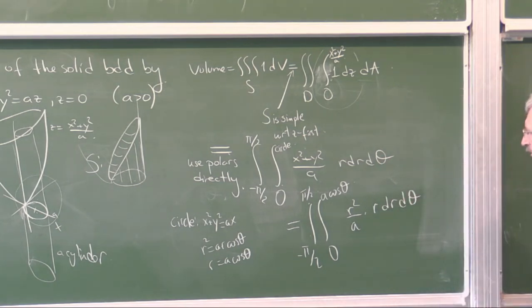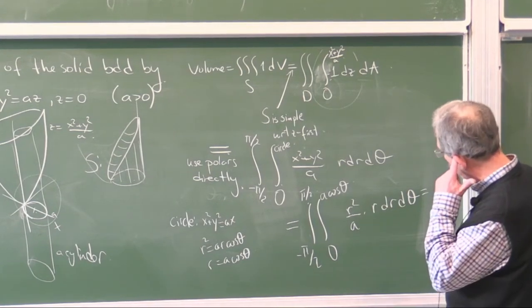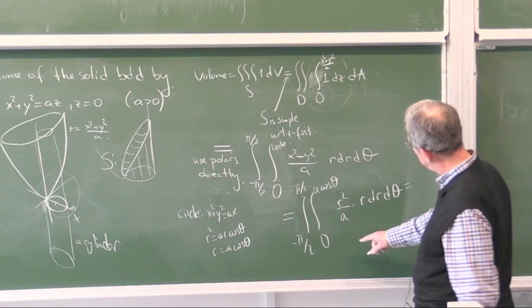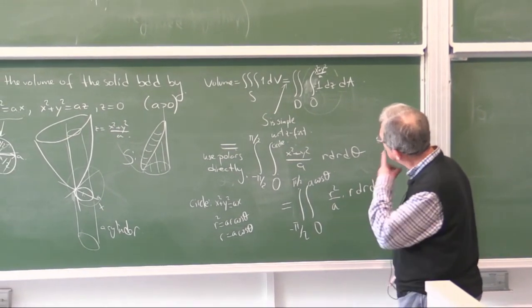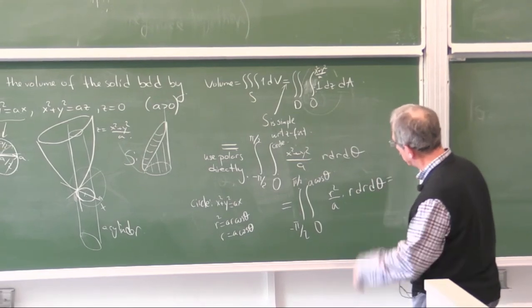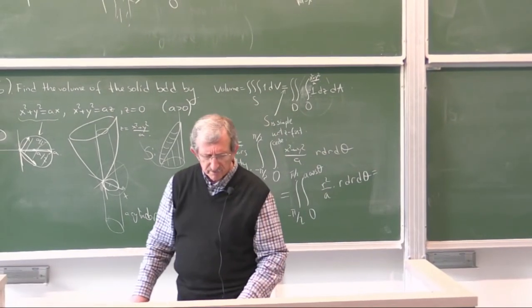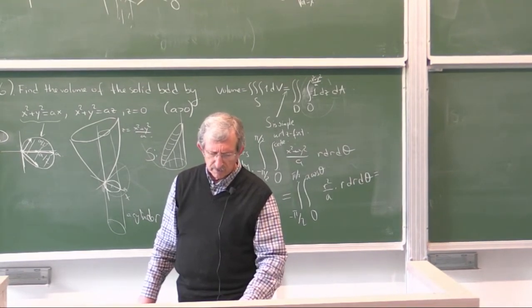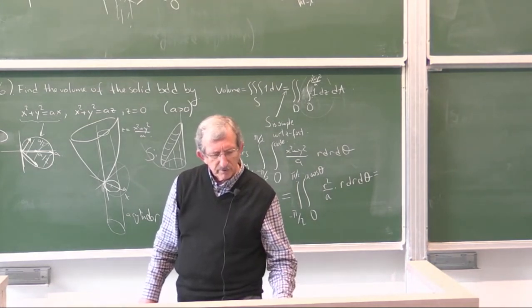Now you can easily calculate that. That would be r cubed, so r to the 4th over 4. So that's the 4th power of cosine theta. Well, that integral is a little bit more difficult than I anticipated. Yes, it is a little bit.